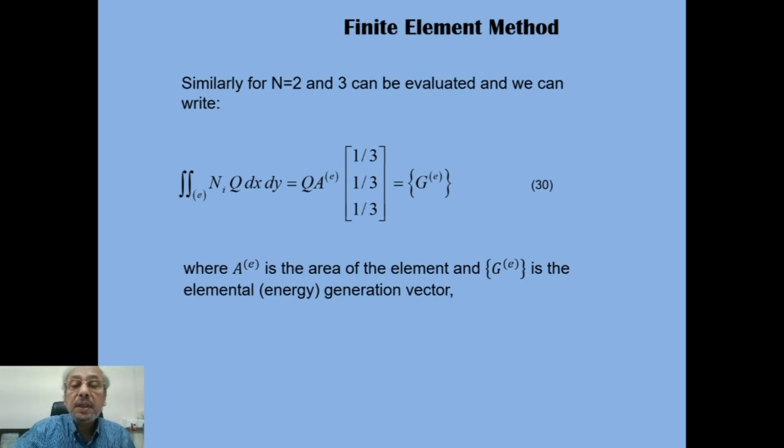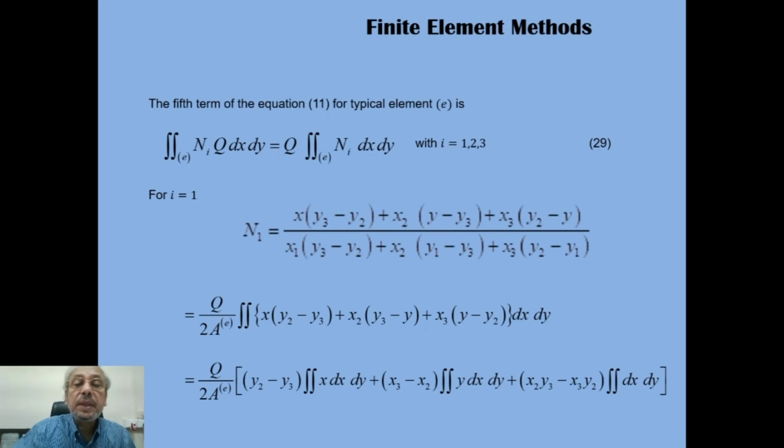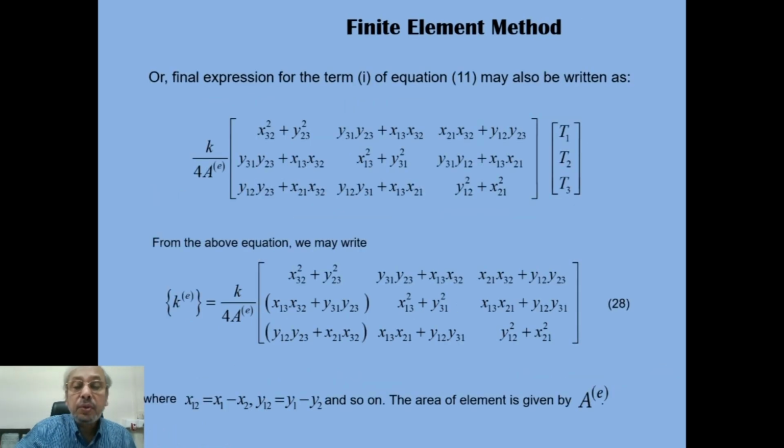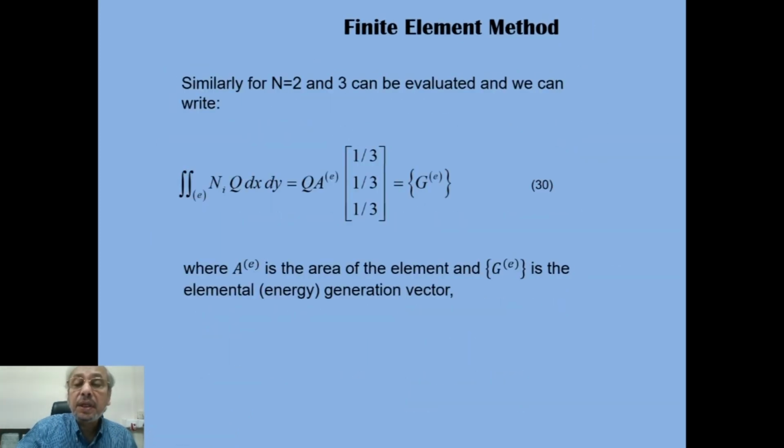So with equation 30, we have evaluated the fifth term of this integral, and the first term of this integral also we have evaluated, which is this K into again T1, T2, T3, the column vector. So these two integrations are over. We will perform the remaining integrals and then talk about the strategy of assembling them for an element.